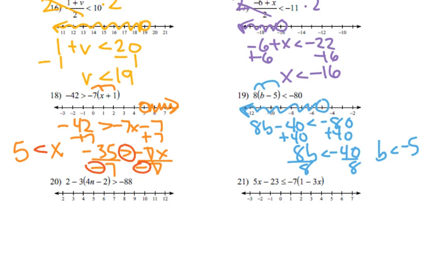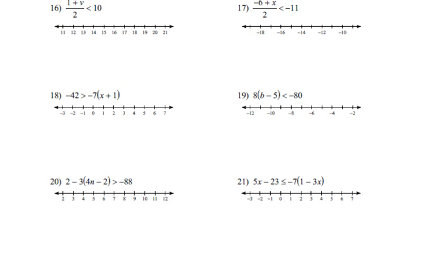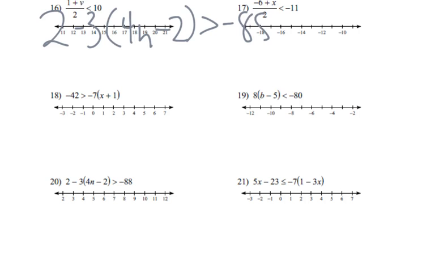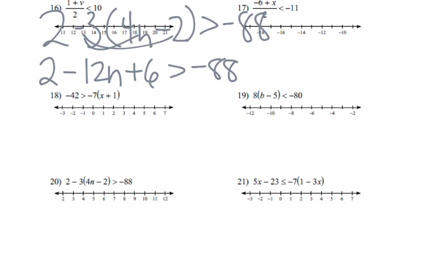Number 20, we clear some space. Rewrite this one, 2 minus 3 times 4n minus 2 is greater than negative 88. So negative 3 times 4n is negative 12n, negative 3 times negative 2 is positive 6, is greater than negative 88.